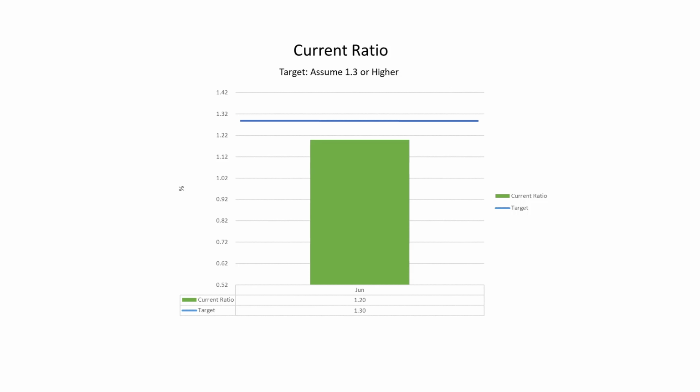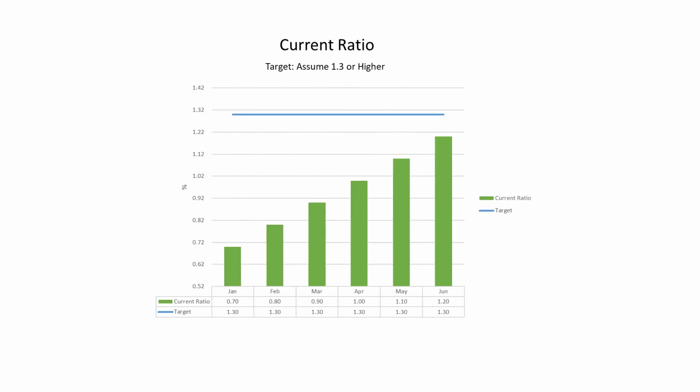You'll see that the bar, which represents the actual value in June, shows a 1.2 reading. The line, which represents the target, is at 1.3. So you are lower than the level that you are targeting. You would think, okay, this is unfavorable, which it is. However, that's not the whole story.